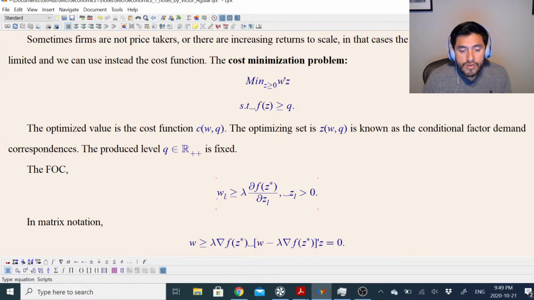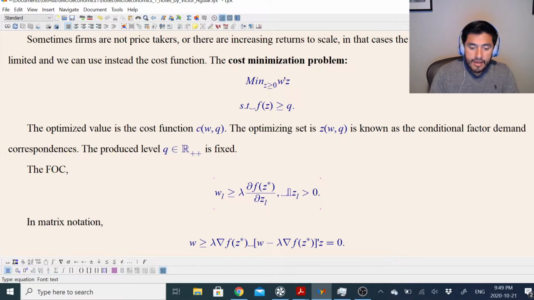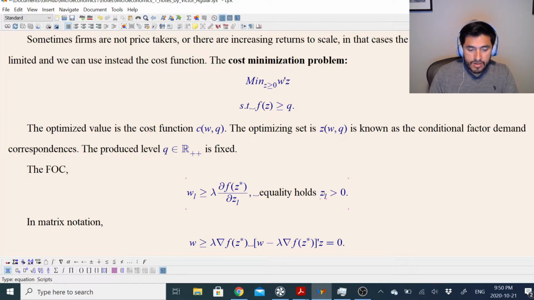So just derive this problem with respect to the Lagrangian, and then I have W_L, which is the price of the input, greater than or equal to lambda, the Lagrange multiplier, times the partial of the production function with respect to the input Z_L, and equality holds whenever this is positive, right? So equality, as I said, holds here whenever the quantities are positive.